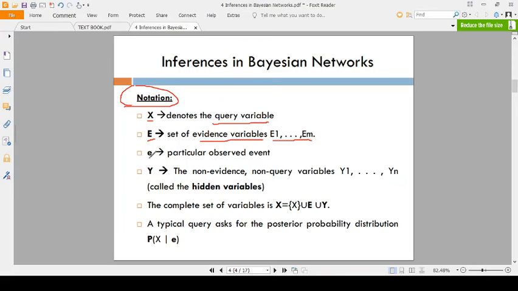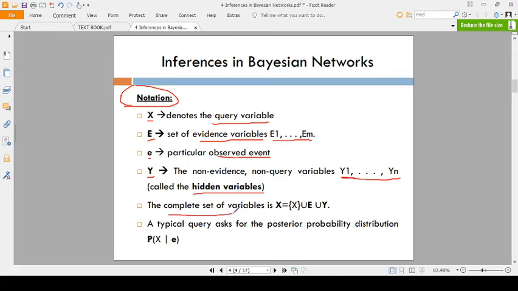Small e represents an observed event. Y represents hidden variables like y1, y2, so on up to yn.